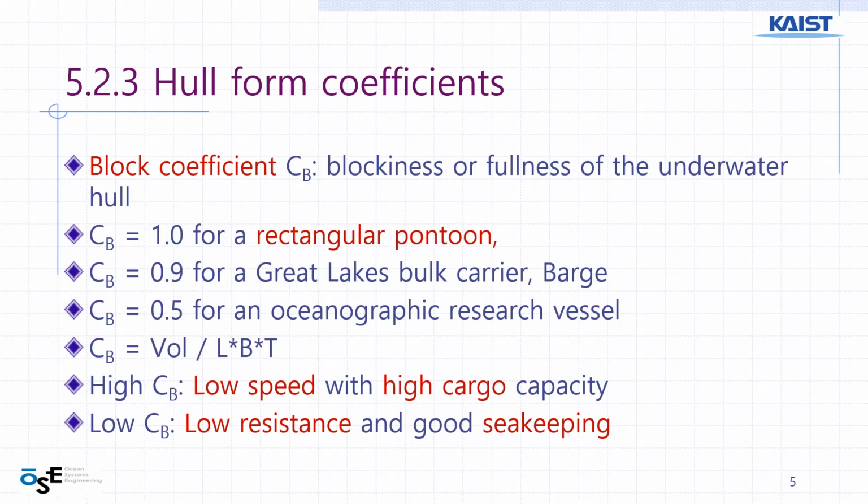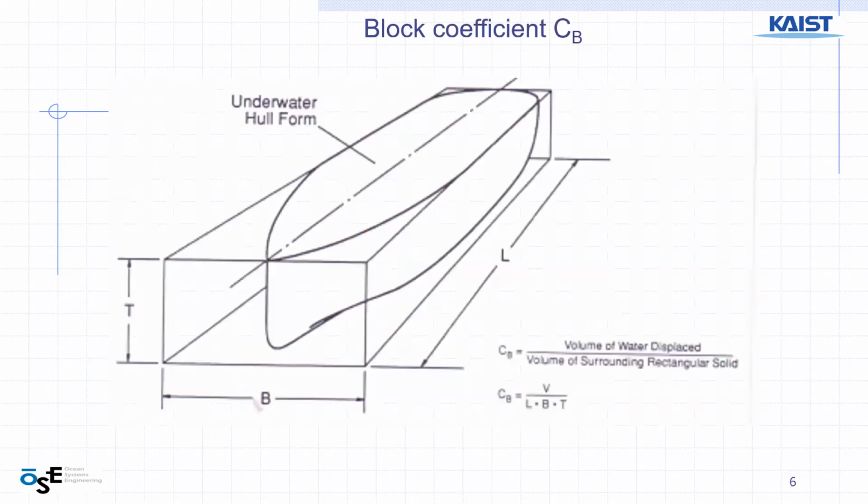But for low CB ships, seakeeping quality is good, better than the ship with high CB. So this is a picture of block coefficient. So LBT is length, breadth, and depth. So we see only the underwater body. The above water body is not shown here.